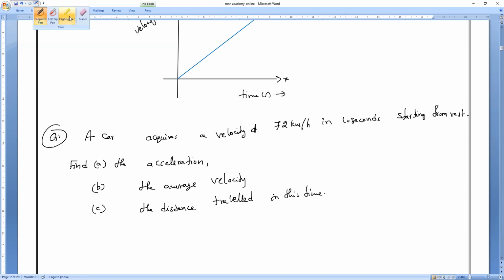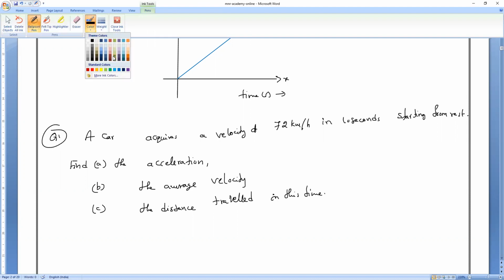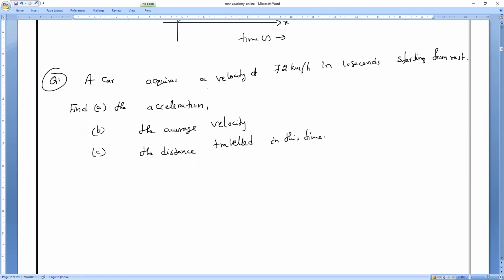First, given data, tell me what you understand. Is the velocity decreasing or increasing? Increasing velocity, because the car is starting from rest.